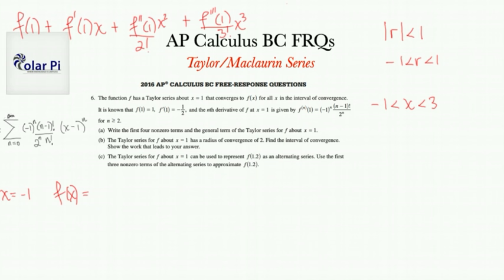The series is going to turn into the sum from n equals 0 to infinity, and then it's -1 to the n, and then -1 minus 1 is, oh well, we have this part, sorry guys, which is (n minus 1) factorial.